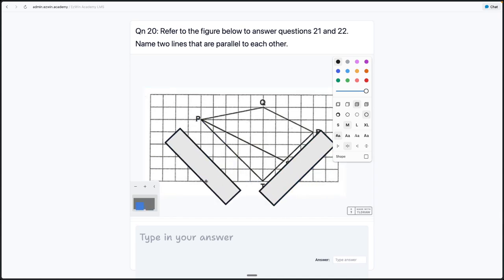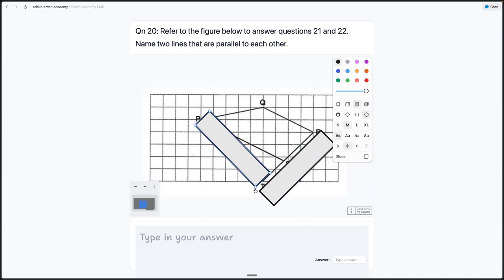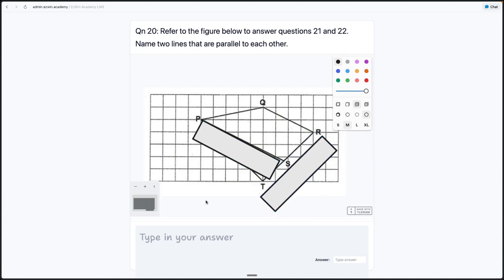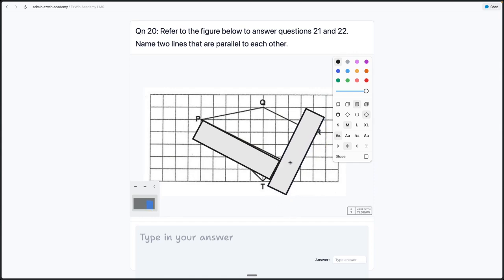Let's move to PS. I'm going to rotate this to PS like this, and then rotate the other ruler accordingly to PS as you see over here. This is the rough parallel line.